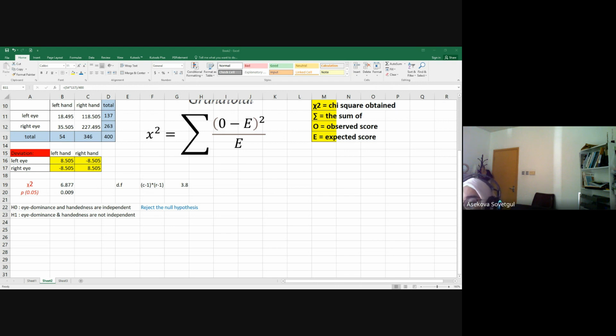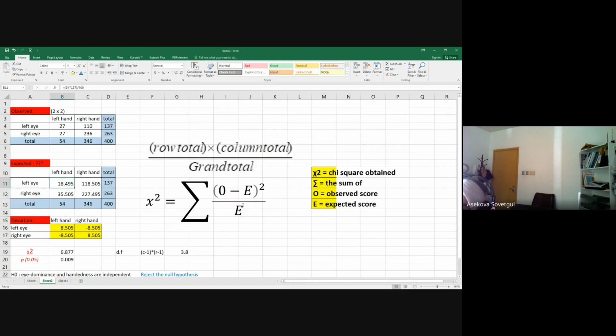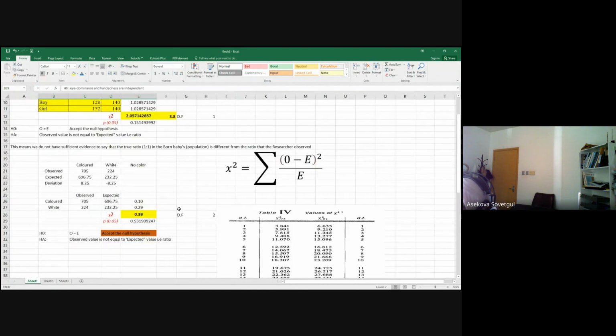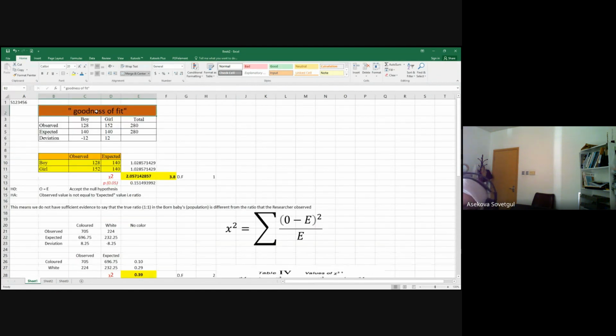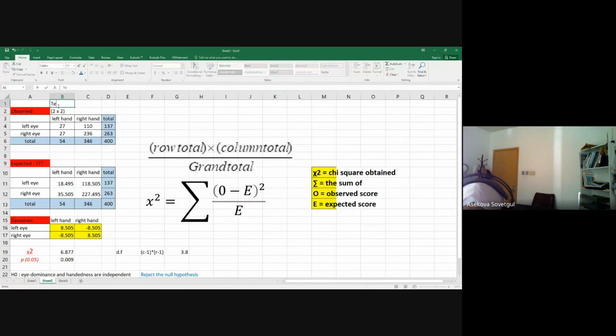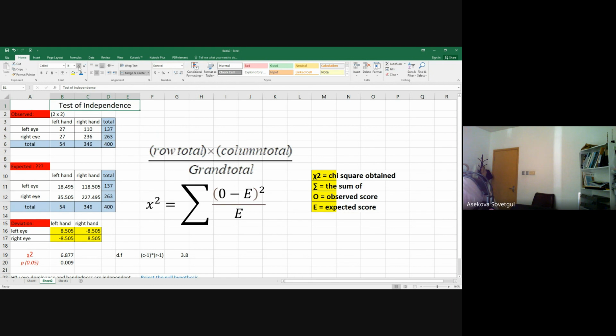No stress. Here we have chi-square and its simple formula. But we need to distinguish whether it is a goodness of fit test or a test of independence.